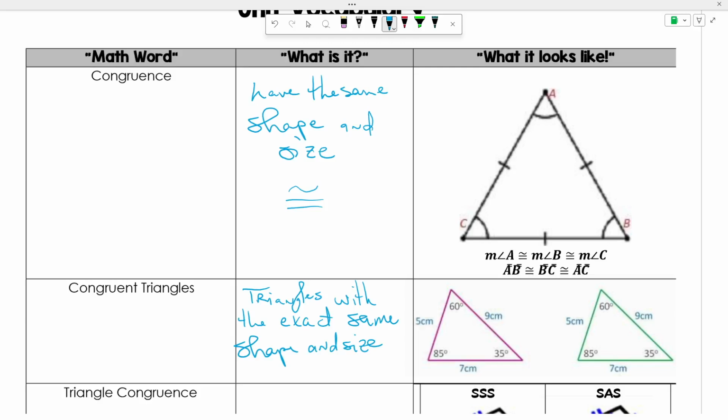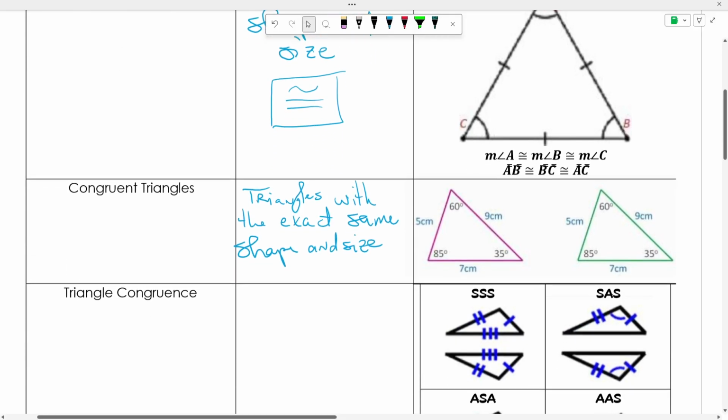So congruent shapes, in order to have a congruence, have to have the same shape and size, and we use this symbol right here to identify that. In order to have triangles that are congruent, they have to be like that example there.